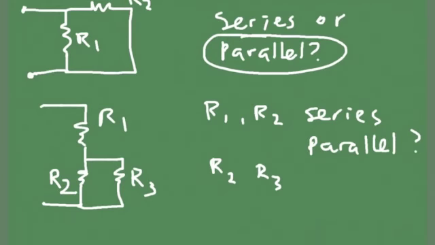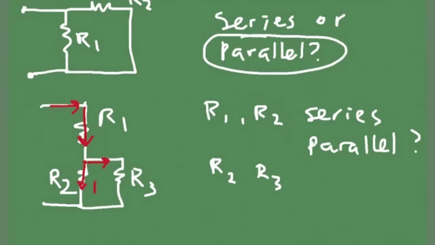Is that satisfied here? Let's follow the current. The current is flowing here, goes through resistor 1, and what happens at this point? It has an option, right? It can either go to the right or it can go to the left. Some of it is going to go to the left because why not? And some of it is going to go straight, right?